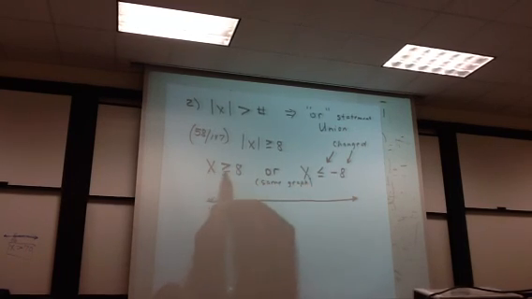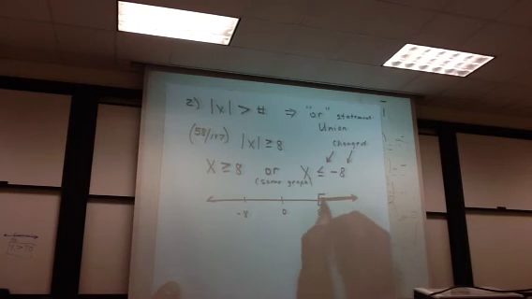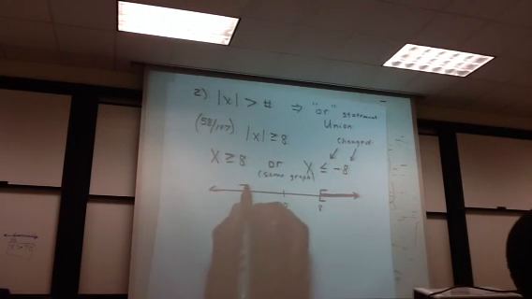So first of all, x is greater than or equal to 8. Let's see, here's 0, here's negative 8, here's 8. x is greater than or equal to 8 is this right here. Same graph. x is less than or equal to negative 8 is this guy right here.